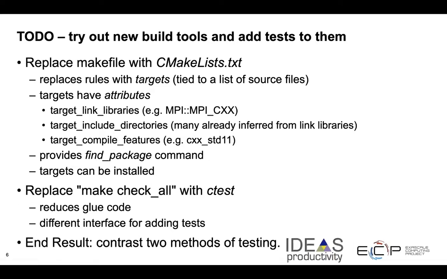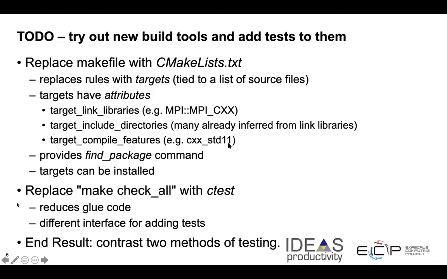Some advantages of CMake, even though there are some people who are really in favor of CMake, and there are people who say, well, let me change my compiler command line directly. The advantages of CMake are that you no longer have to deal directly with flags to your compiler and your link steps, but you're able to deal with targets, which are the executables and the libraries that you want to produce, and attributes for those targets, which are libraries that your targets depend on, and include directories and compile features.